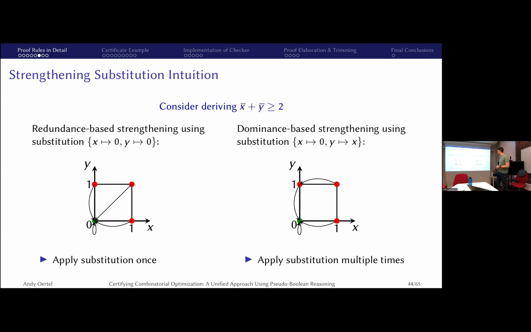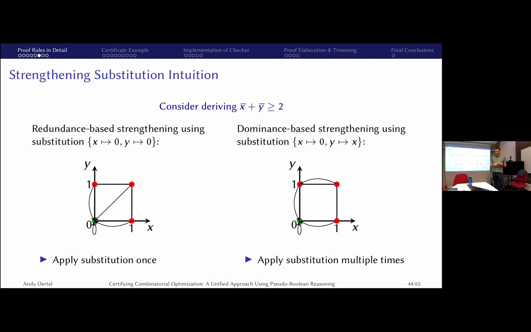And then what this looks like is that we still have that one step maps back to a valid solution, but we can also be in the case, for example, that the solution 1, 1 maps to 0, 1 and then to 0, 0, because x becomes 0, but y becomes the previous value of x, which was 1 in the first step, and only in the second step we get to 0, 0. So the substitution can be applied multiple times to get to a feasible solution.